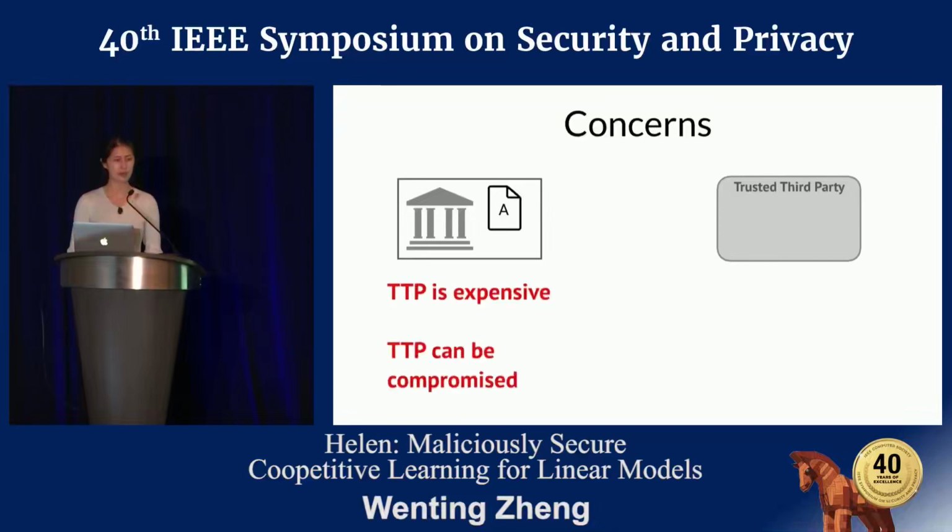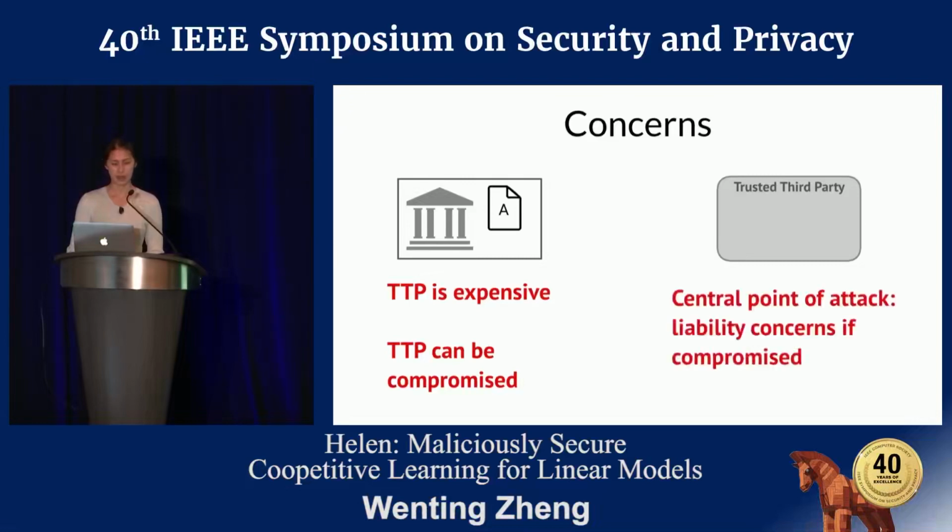From the bank side, they think that the trusted third party is rather expensive, and they don't know how trustworthy this third party really is, because we have seen many cases of third parties being breached. And from the trusted third party side, they were also concerned because now that they have all this sensitive data from the banks, they become a central point of attack. So they are very concerned for liability reasons if they are compromised.